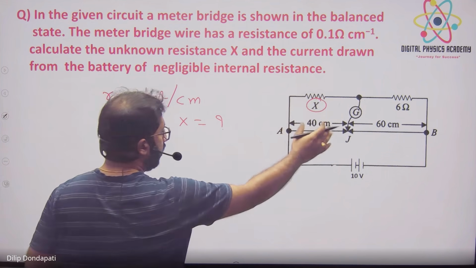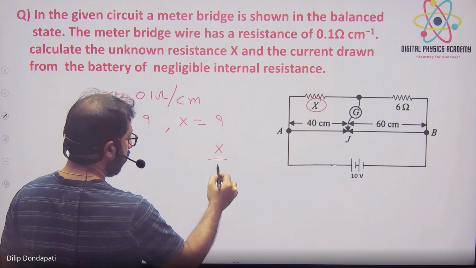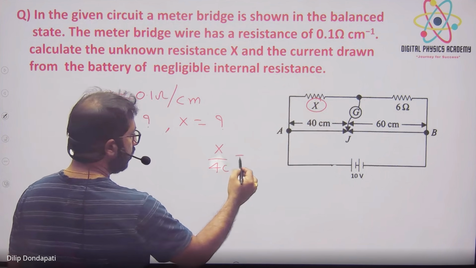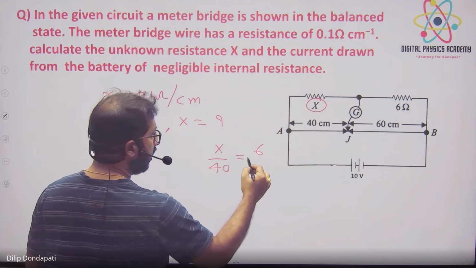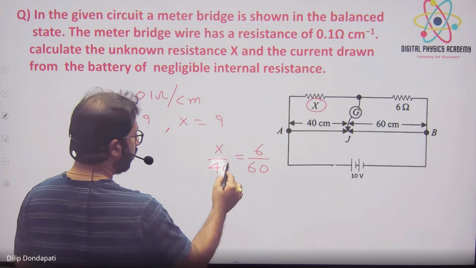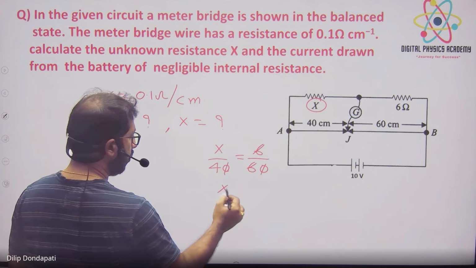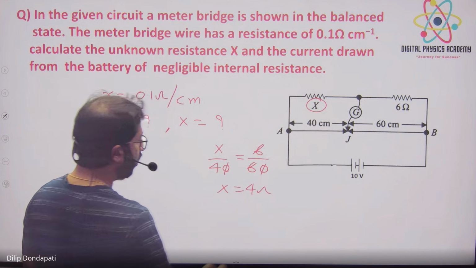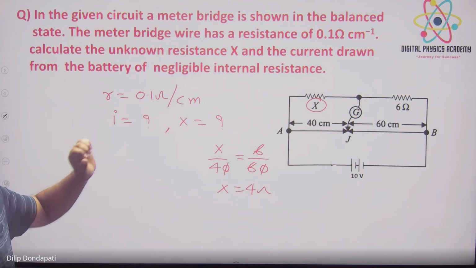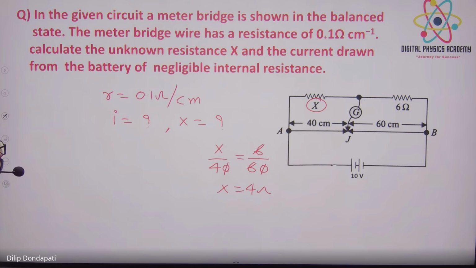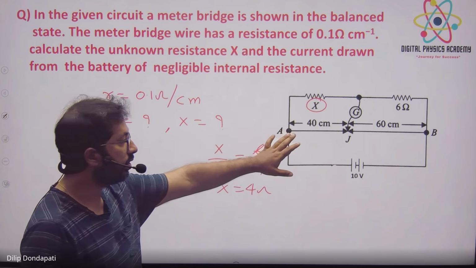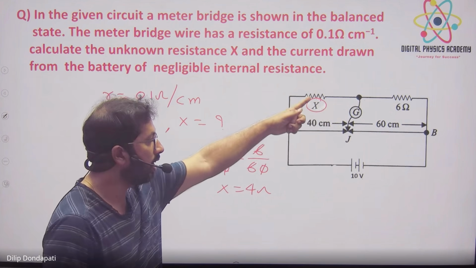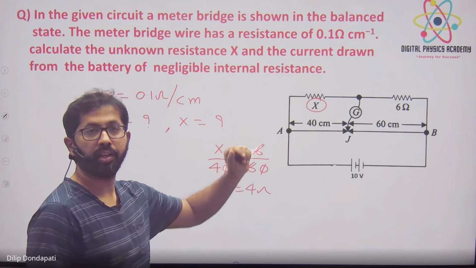This upon this, x by 40, length only we should use, is equal to 6 by 60. So 0.06 x is equal to 4 ohms. So the value you got is 4 ohms. Now try to find the current in the circuit. This is a balanced Wheatstone bridge. If you find R equivalent, V by R equivalent is nothing but current. Find it.